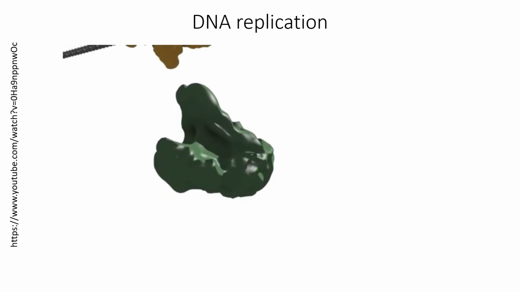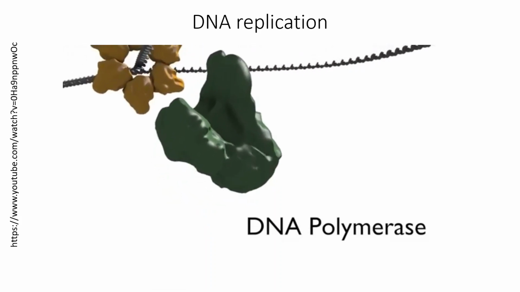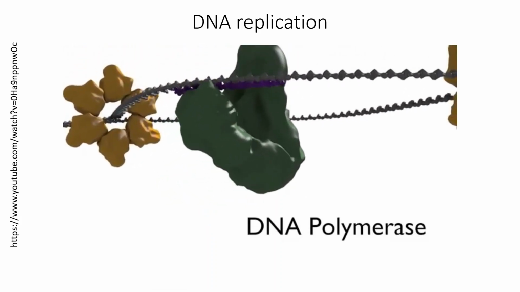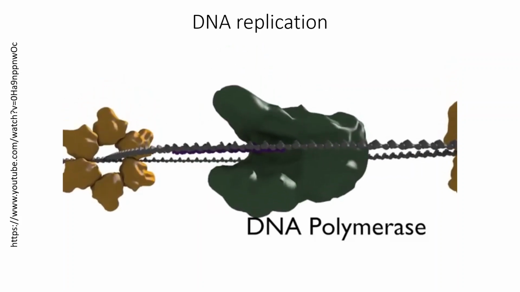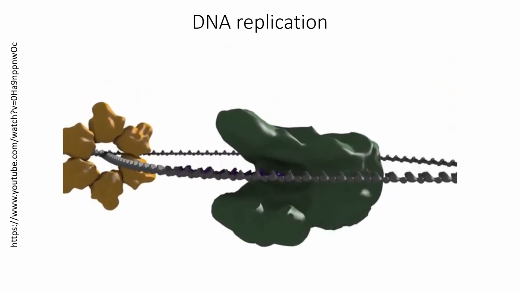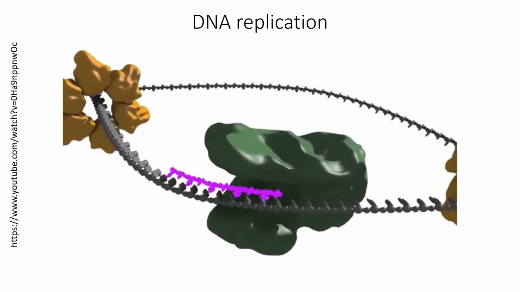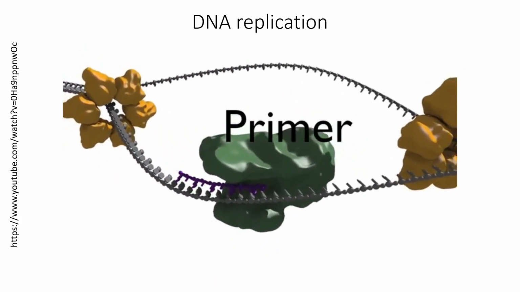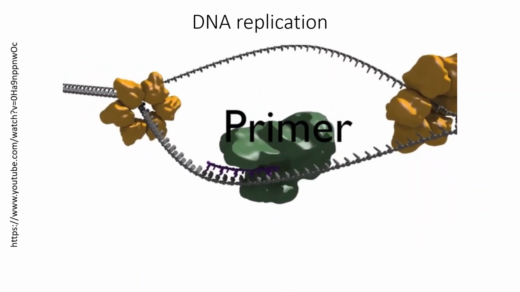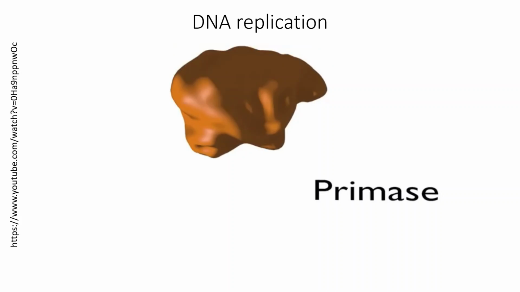The synthesis of DNA is catalyzed by an enzyme called DNA polymerase. However, DNA polymerases cannot start a new strand from scratch. Instead, they can only elongate an existing polymer of DNA or RNA. Consequently, a primer sequence needs to be made from which DNA polymerase can continue its synthesis. Primers are made by an enzyme called primase.